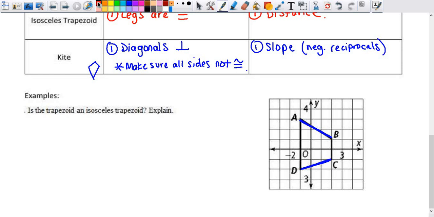So these coordinates here, A is at -1, 3, B is at 2, 1, C is at 2, -1, and D is at -1, -2. All right, so now we're going to use our distance formula. We are just going to check, is AB congruent to CD?